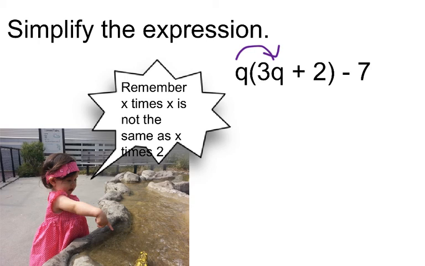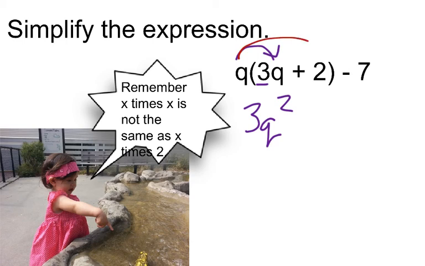That would be adding that many boxes at a time, which of course Q times Q, we remember, is Q squared. So we have 3Q squared. So that constant actually stays the same. It's the Q that's being multiplied.